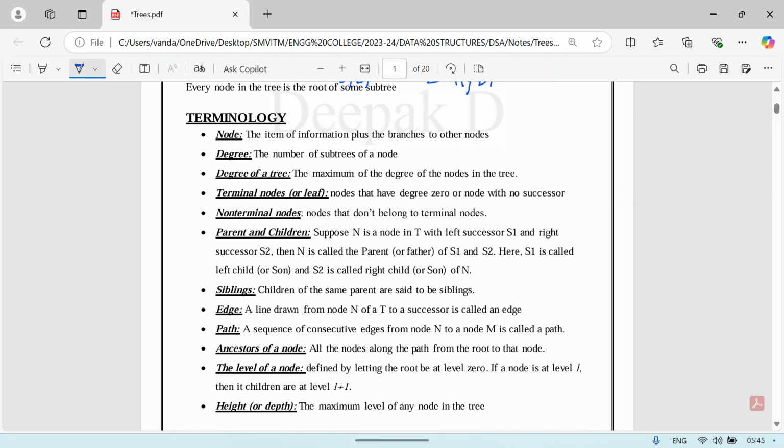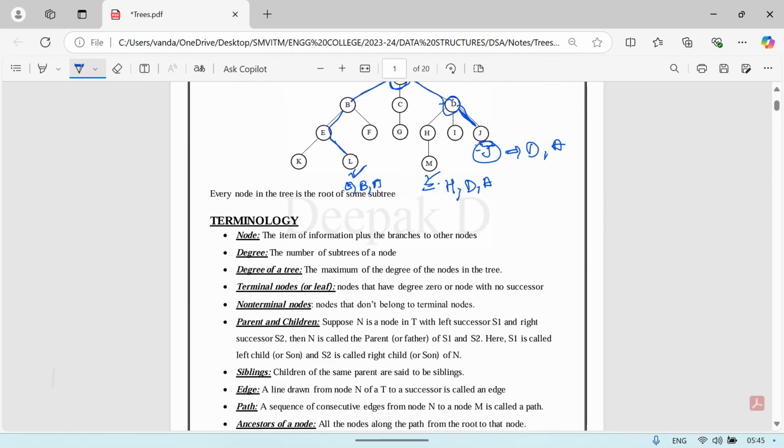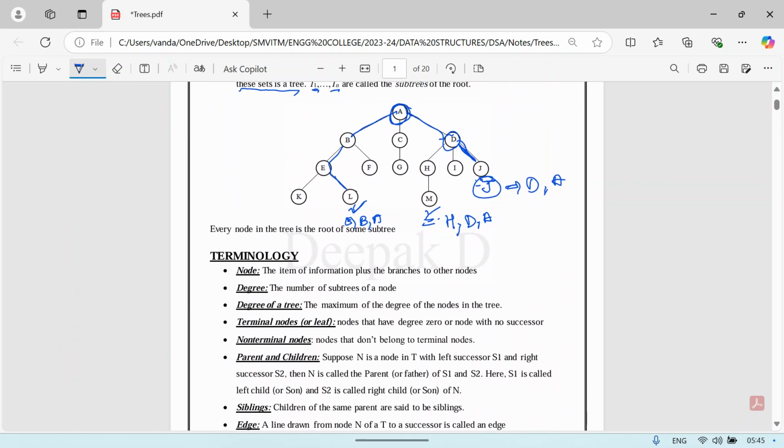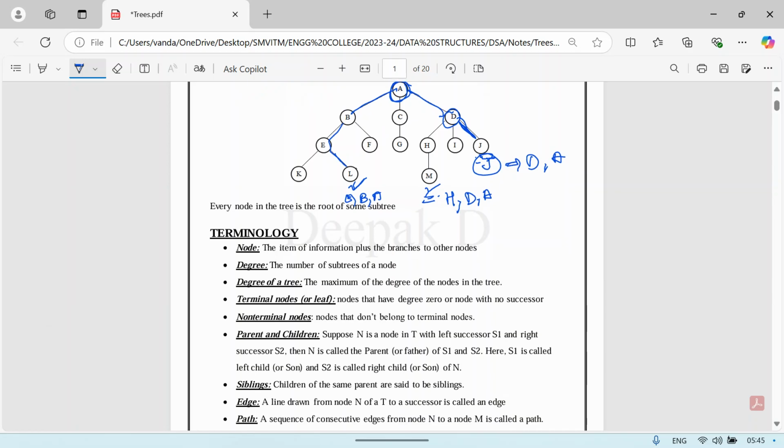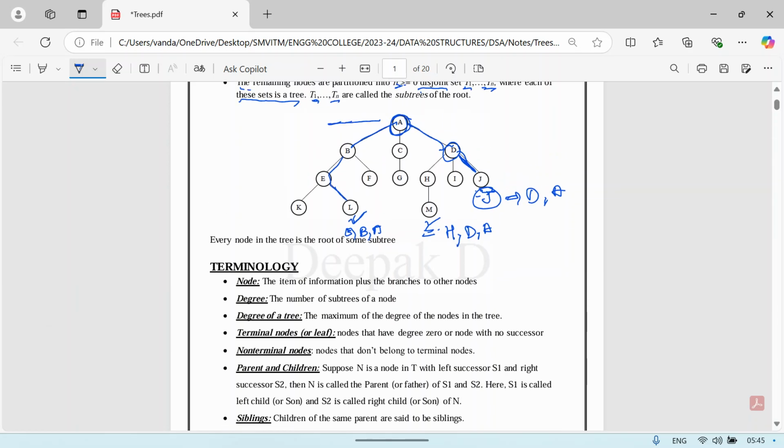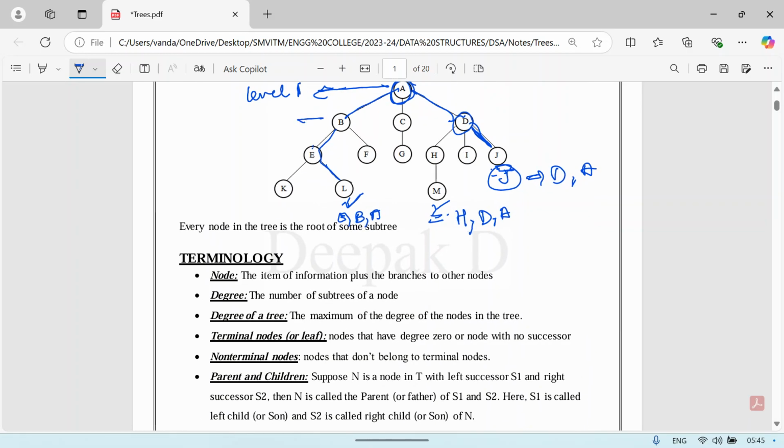Okay. And the level. There is something called level. Whenever we have the root, that is called level 1. Then this would be level 2, this would be level 2, this would become level 3, and this would become level 4.